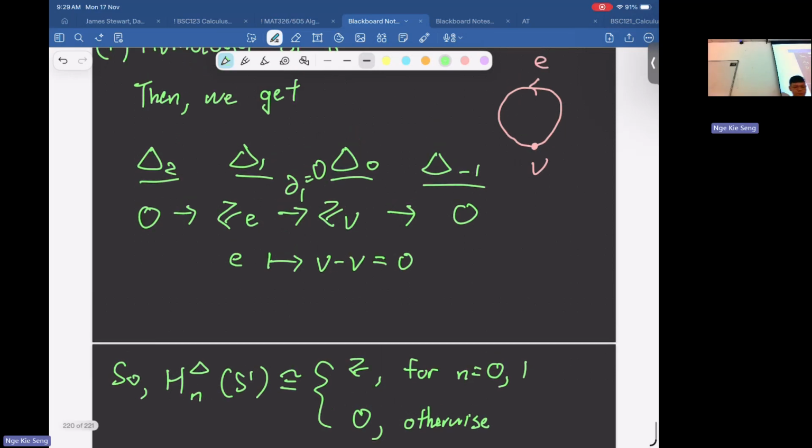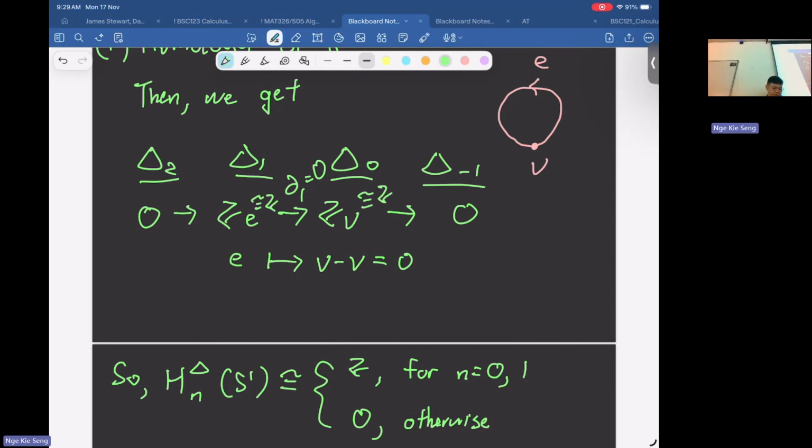So there are two non-zero homology groups. If you want to compute the 0 case, you take the kernel of delta 0 over the image of delta 1. If you want to compute H1, you take the kernel of delta 1 over the image of delta 2. These are all Z because this is isomorphic to Z.